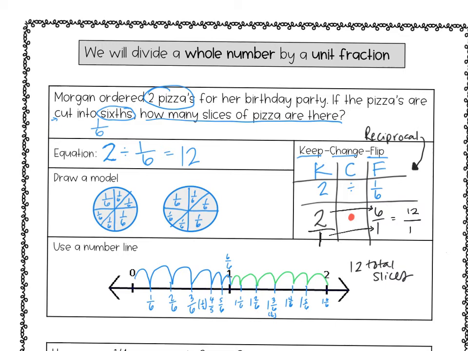So now our answer is 12/1. And we know that any fraction that has a denominator of 1 is just a whole number. 12/1 is equal to 12. And that's what we got at the beginning of our problem.